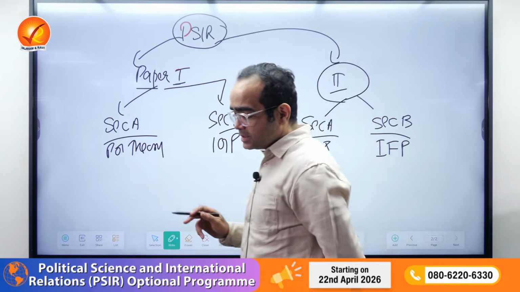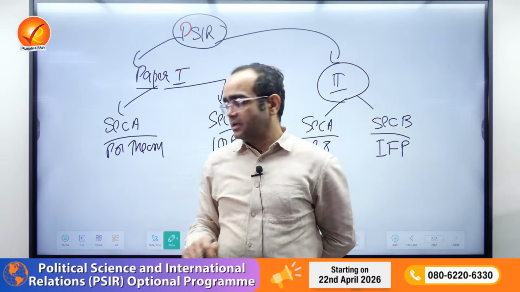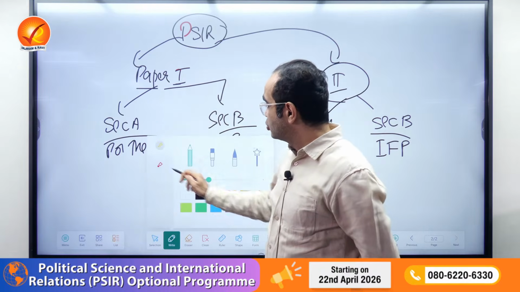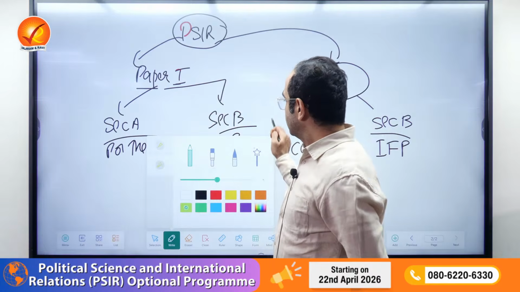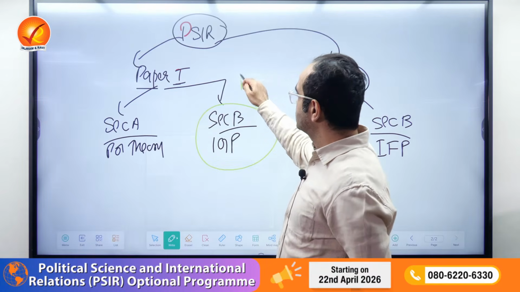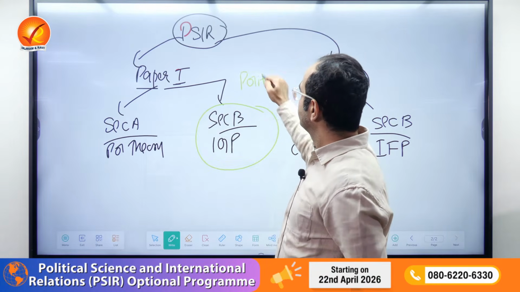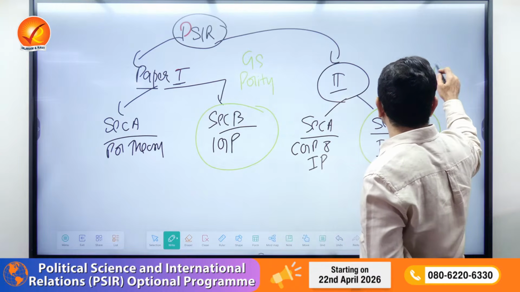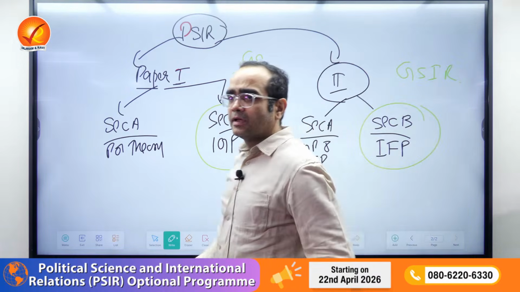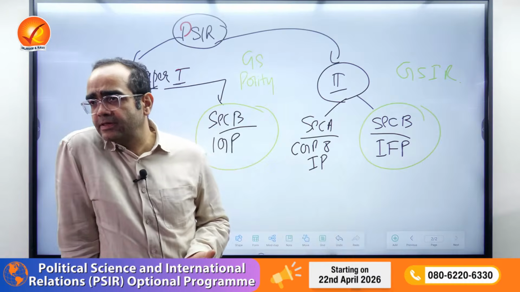Now students have a familiarity with section B of both the papers. The very important reason is the students equate it with GS polity and students equate it with GS IR. So section B you are already familiar with, okay.